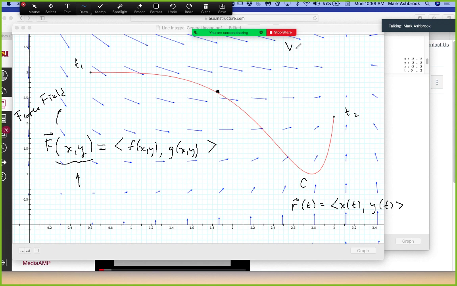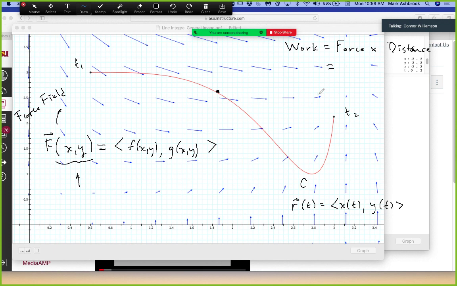So what was our formula for work again? Just our generic formula. Force times distance, right? But then in this class, how do we calculate work when we have maybe a changing force?